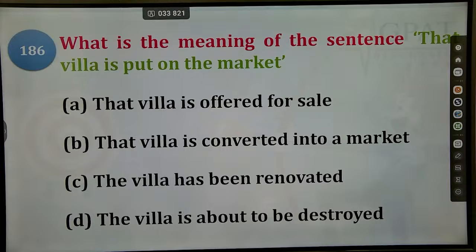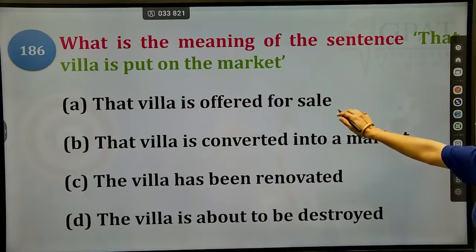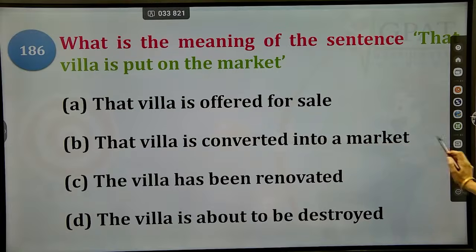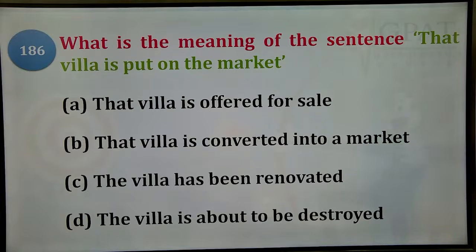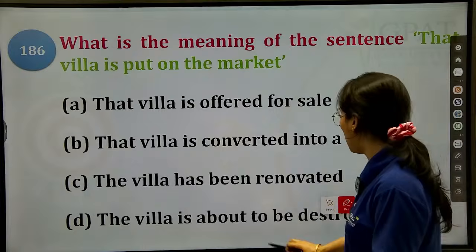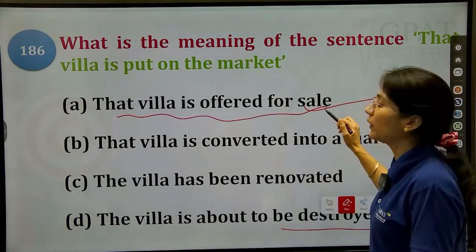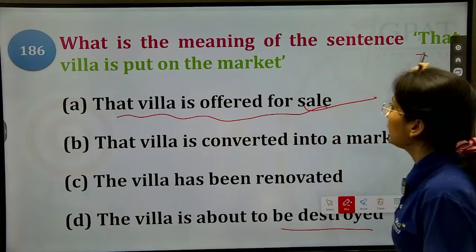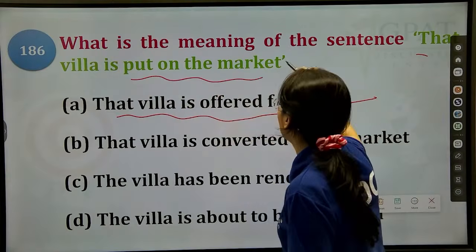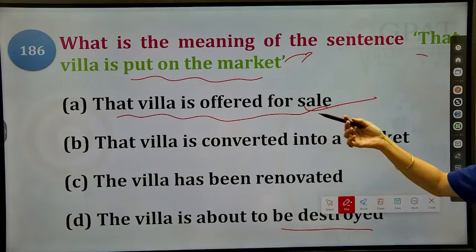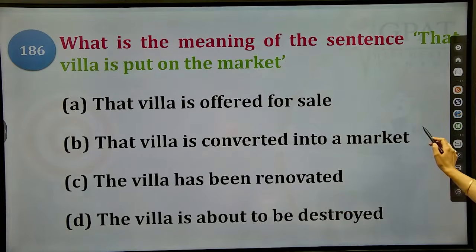The options: villa is offered for sale, villa that is converted into market, villa has been renovated, villa is about to be destroyed. So put on the market means for sale. Option number A is correct.